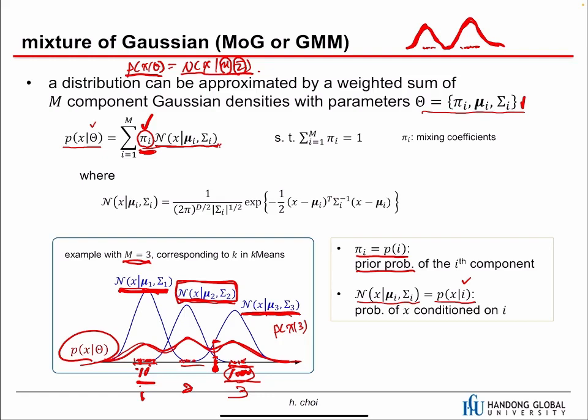In k-means, one sample is categorized into one cluster exclusively, but in this case, we have soft assignment. So anyway, the important thing in this slide is that the mix of Gaussians can model a more complicated distribution with multiple Gaussian distributions.